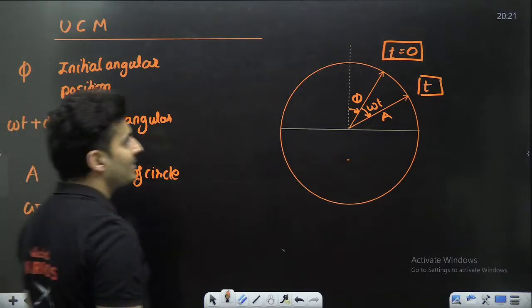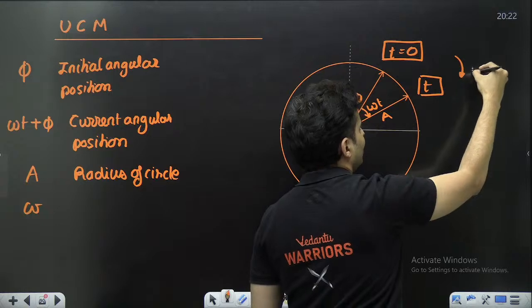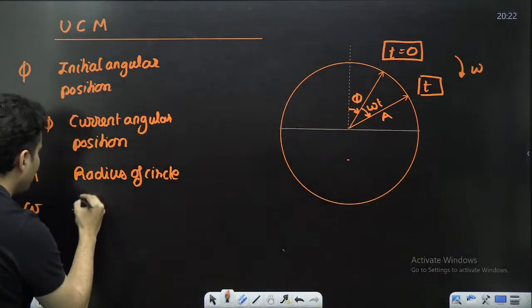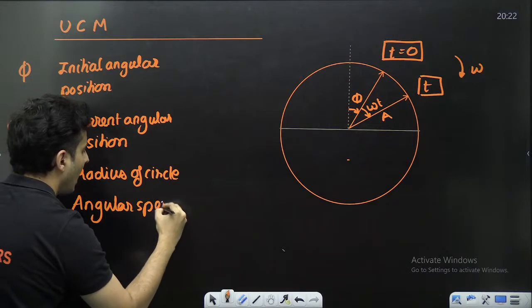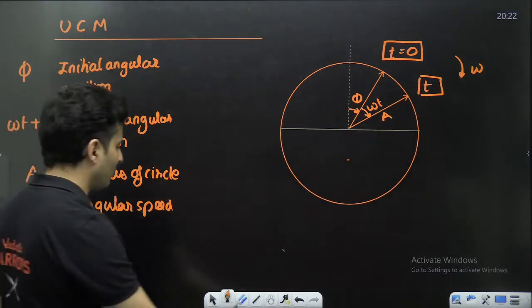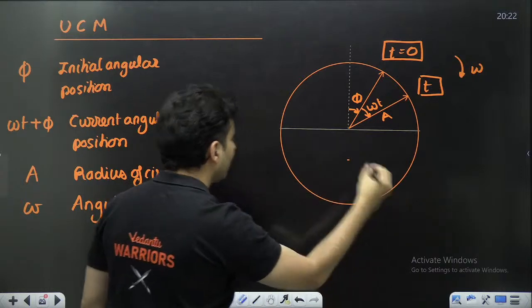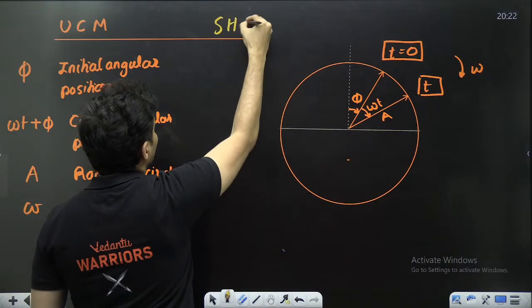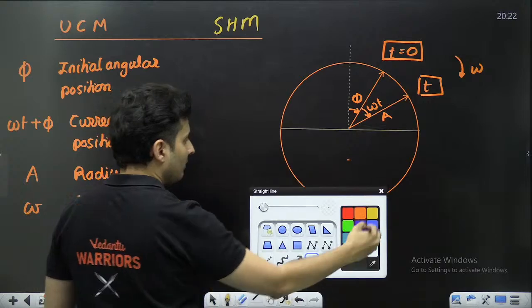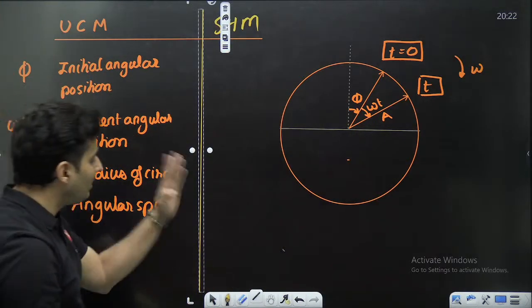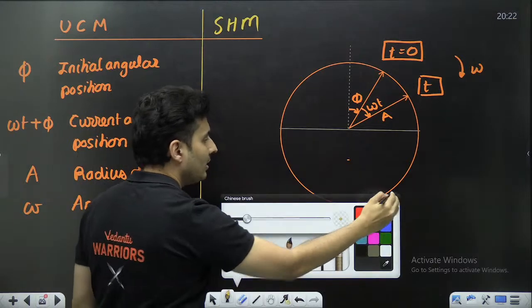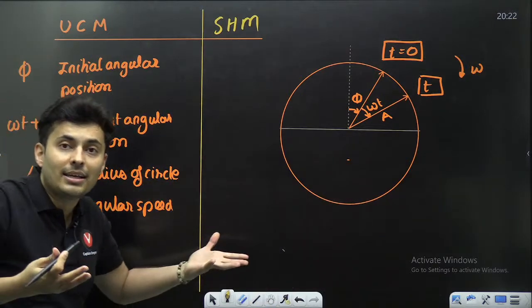The omega which is there, that is basically called your angular speed of the uniform circular motion. But when you look at simple harmonic motion, the same symbols are called differently.